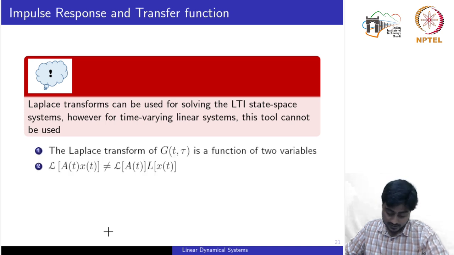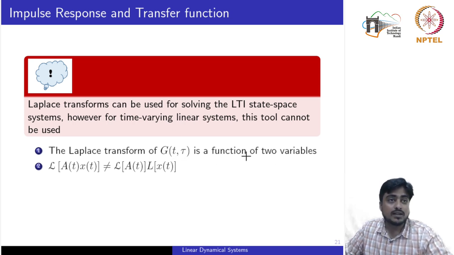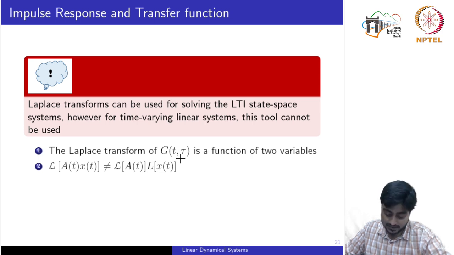Why? First of all, the Laplace transform of g of t comma tau is now a function of two variables. For the LTI system, instead of having these two variables, we use only one argument, which is t minus tau. Right? Here we would be taking the Laplace transform of a function of two variables.